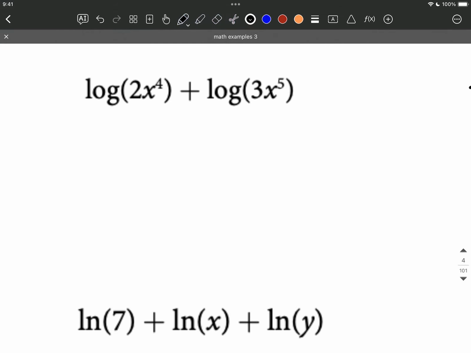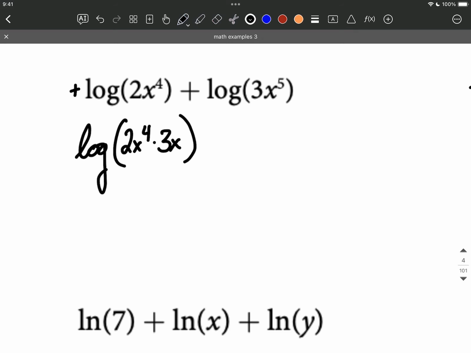Next up, we have log of 2x to the 4th plus log of 3x to the 5th. In this case, they're both positive, so as we combine them together, we're going to get log. The 2x to the 4th goes in the numerator because it's positive, and it gets multiplied by 3x to the 5th power. Again, both go in the numerator because both were positive out in front.